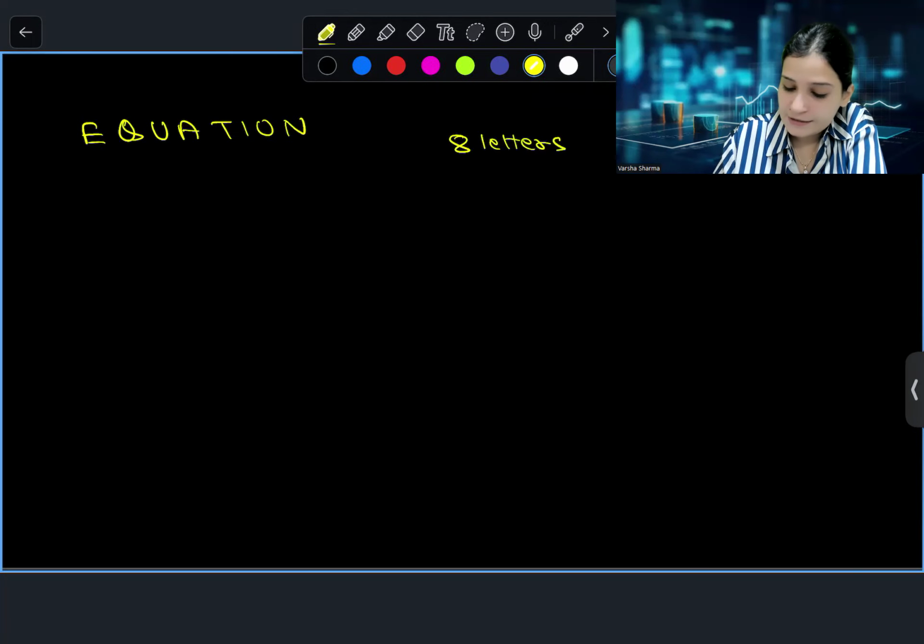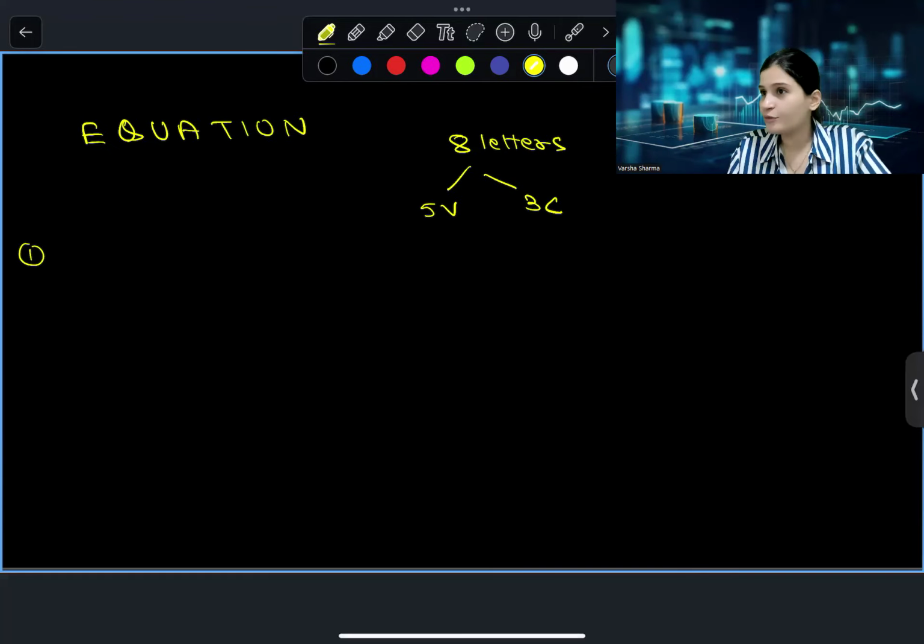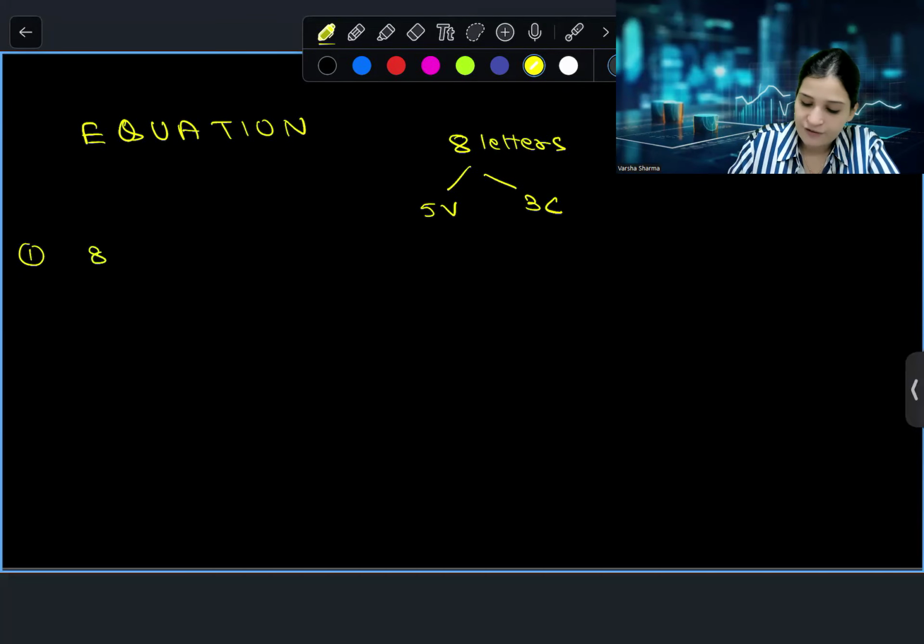In these 8 letters, there are 5 vowels and 3 consonants. How many words can be formed out of 8 letters? Do I need to make a selection? No, ma'am. If I haven't said anything, all the 8 letters have to be used. So my only job is to arrange. So directly 8 factorial.